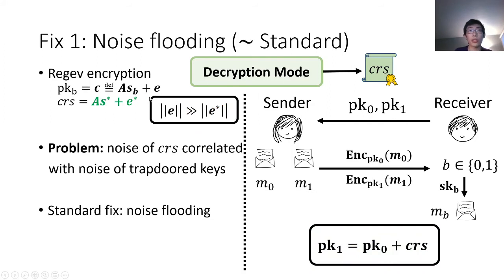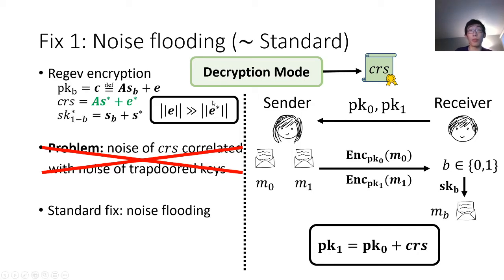The way we'll achieve that is to require the noise in the public key to be much larger than the noise of an LWE sample defined by the CRS. So now, instead of being the difference of two LWE samples, the CRS will just be a fresh LWE sample, but with very, very small noise. And then we actually get rid of the problem if this E is much, much larger than E star.